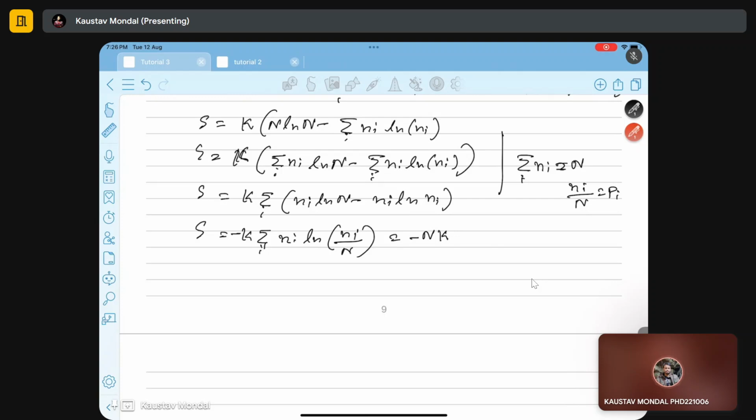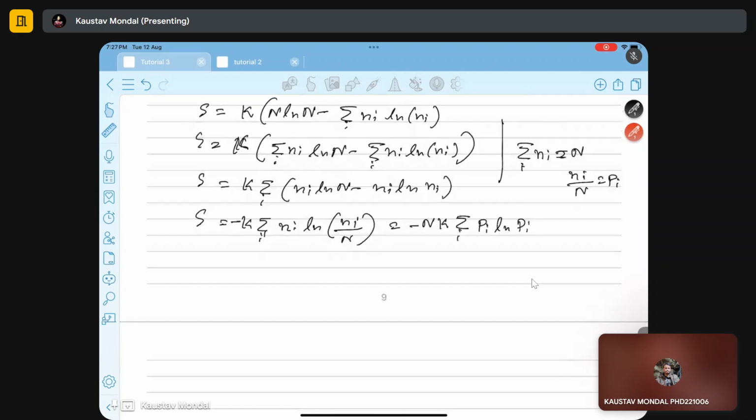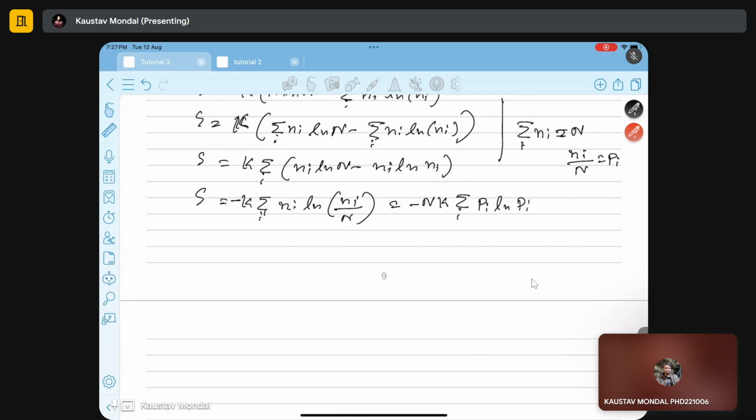So you can write this whole thing like this: summation over i, Pi ln Pi. We are subtracting n here and we have added n here, so from that you get this step.